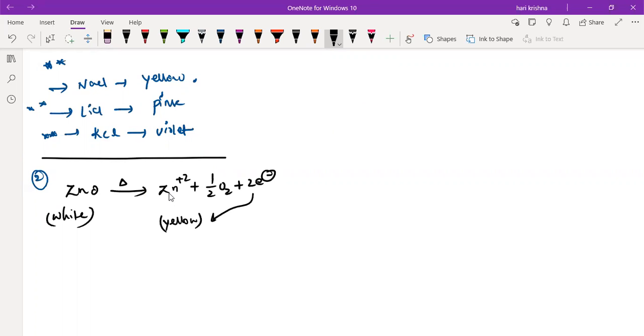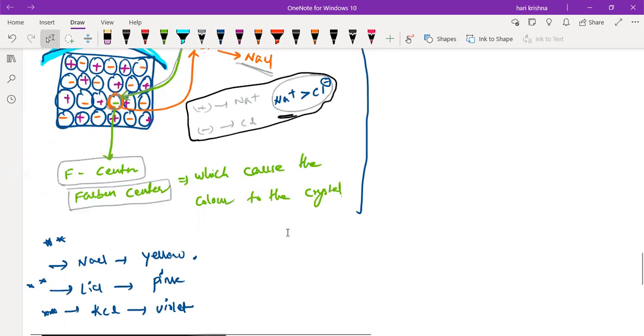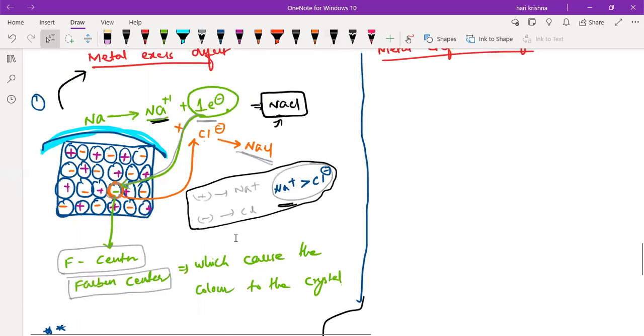Now we'll come back to the topic of metal deficiency defect. If you have any doubts in this metal excess, ask me. Otherwise, we'll go to the metal deficiency. Here metal atoms are more, so it is called metal excess.